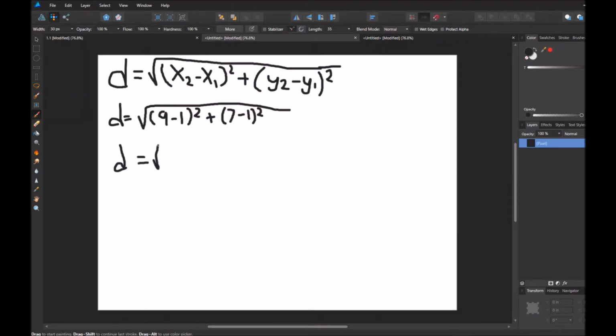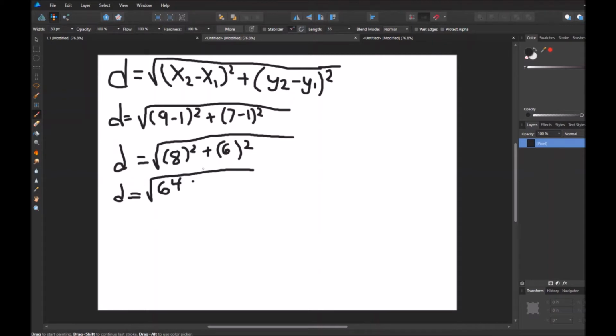So distance equals the square root of 9 minus 1 is 8. So this is going to be 8 squared plus 7 minus 1 is 6. So this is going to be 6 squared. And then 8 squared is 64, and 6 squared is 36.